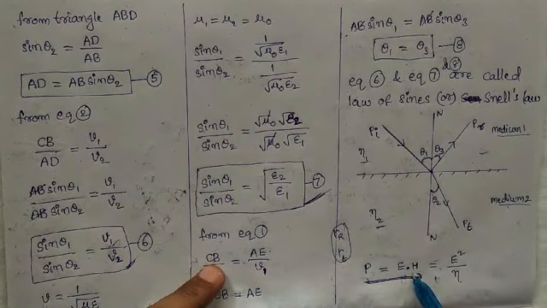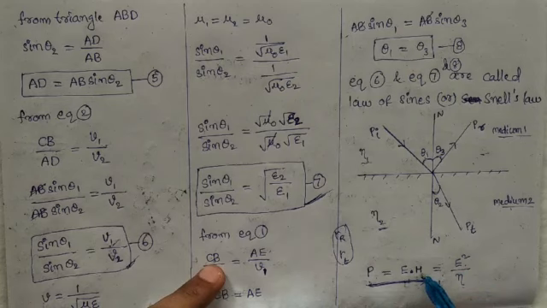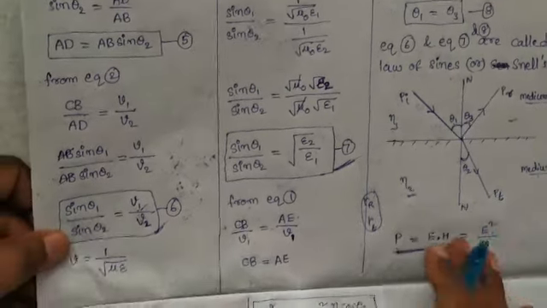P is equal to what? E dot H it is. Here, which is equal to what? E square by eta it is. Here H is equal to E by eta it is. Here E dot E by eta it is. Here E dot E is equal to what? E square. E square by eta it is.